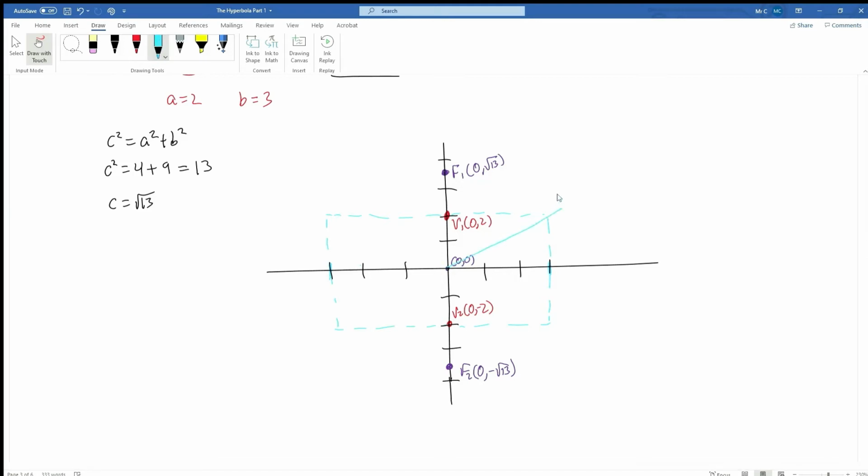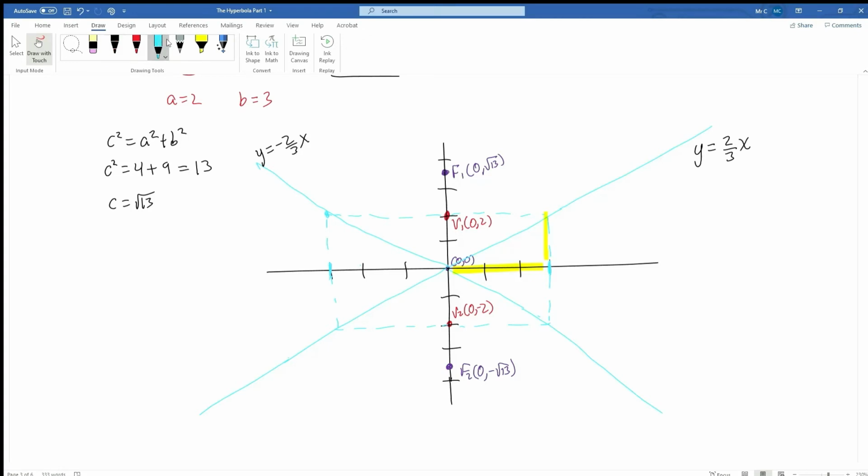I'm going to draw my diagonal asymptotes. And the great thing is I don't have to memorize a bunch of formulas to know what my diagonal asymptotes are. That's the beauty of the fundamental rectangle: I can just look at my rise, which is 2, over my run, which is 3, and say, hey, this is y equals rise over run, that's 2/3 x. And this other one is y equals negative that.